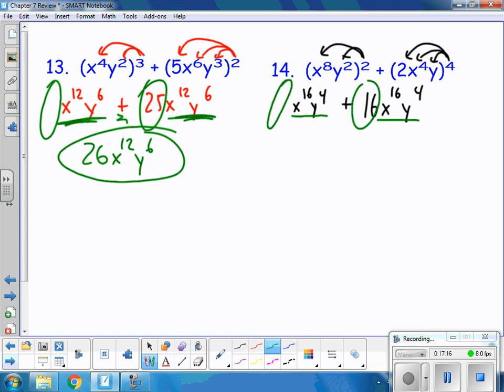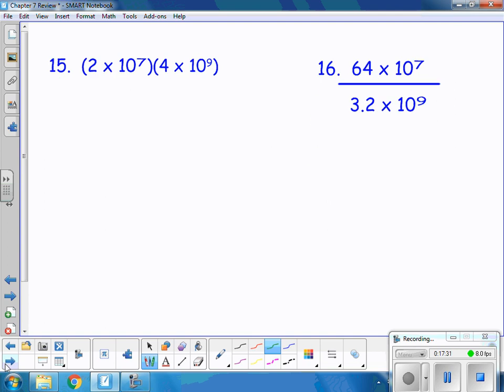I can combine like terms. I have a 1 here, and I have 16 here, so a total of 17, x to the 16th, y to the 4th. And that is my final answer. Now remember, the main thing for these guys is when you're adding and subtracting, they have to have the same last names. You're combining like terms.